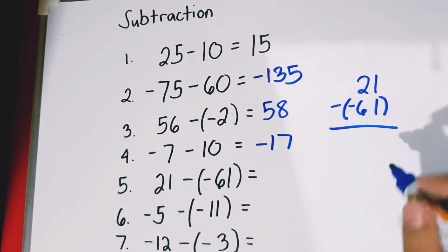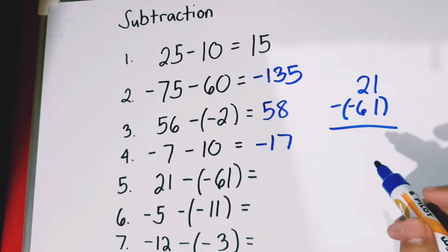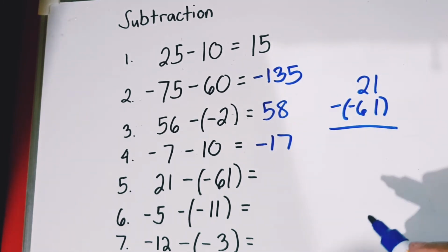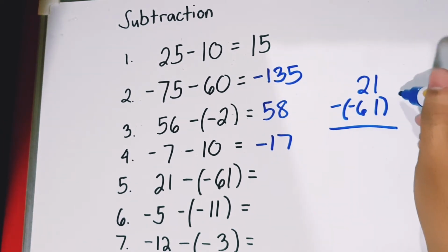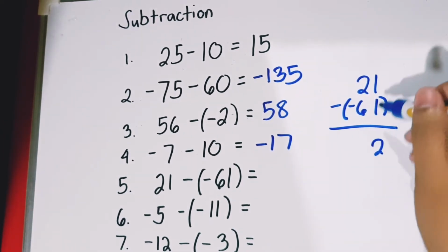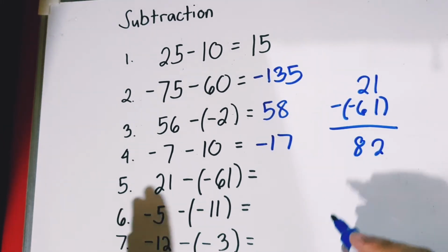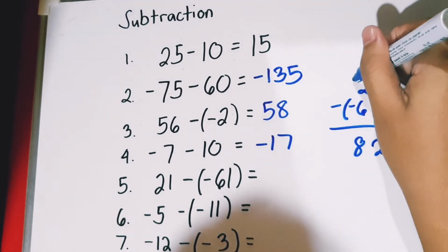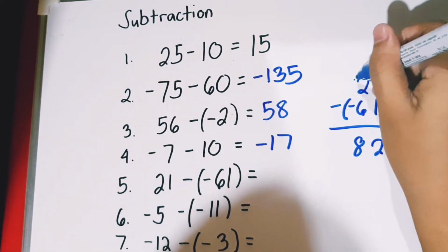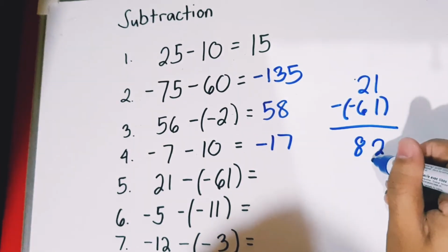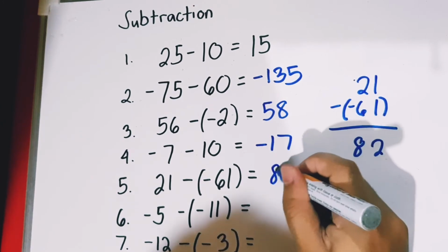As the shortcut, add them both to 82 and follow the first sign. So this one is positive, so we'll just put it as positive.